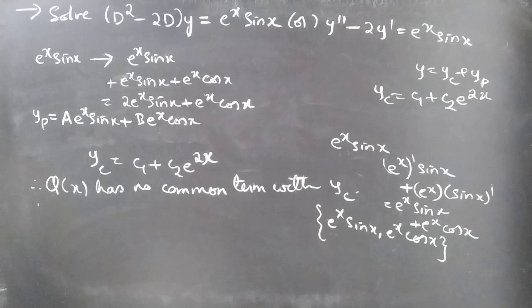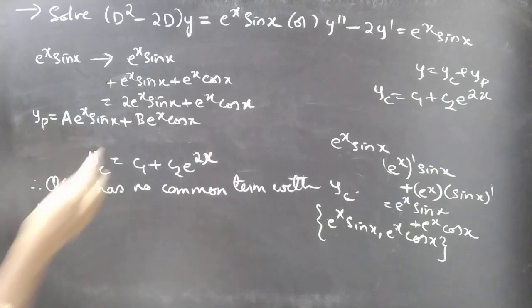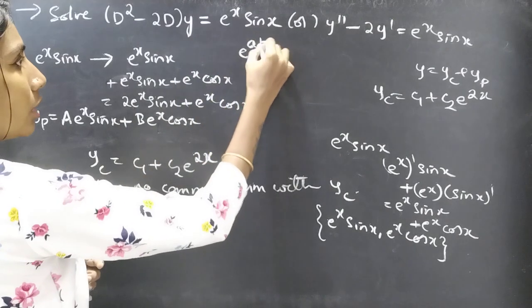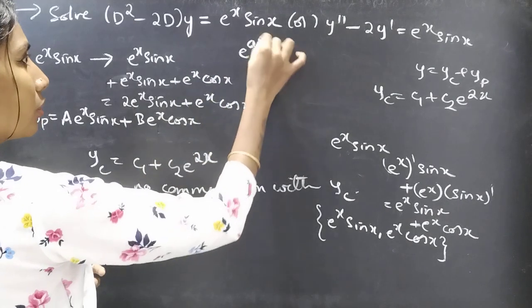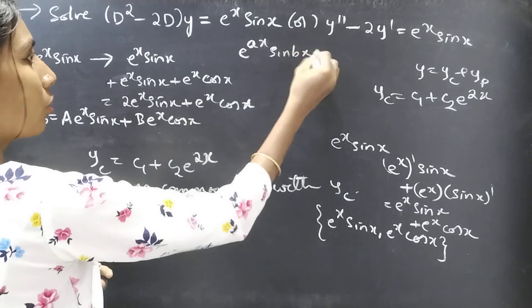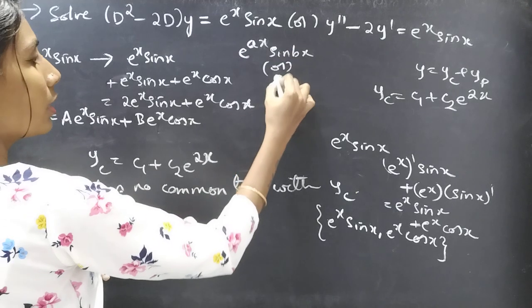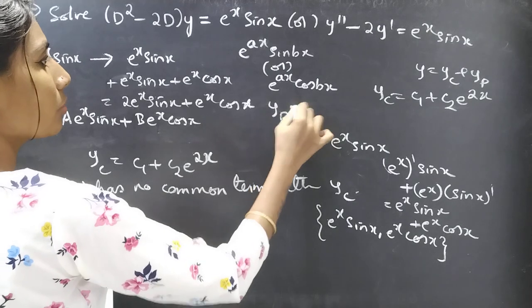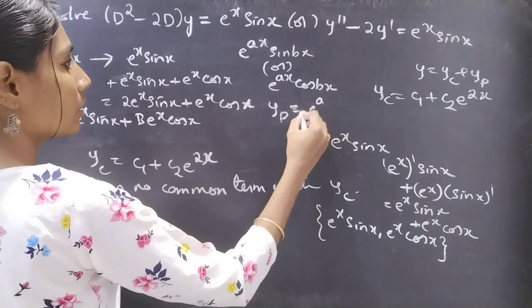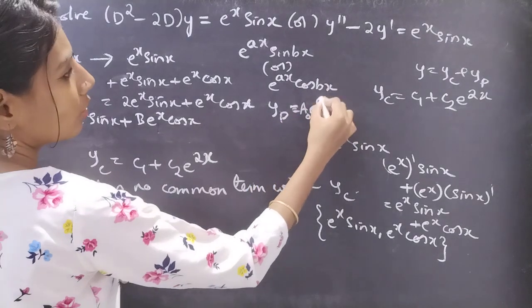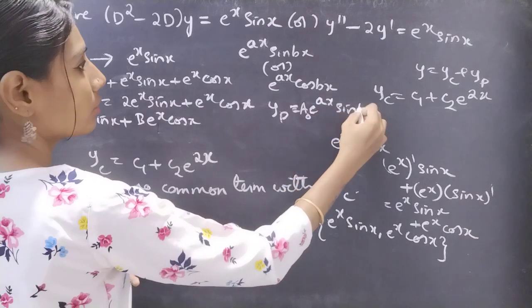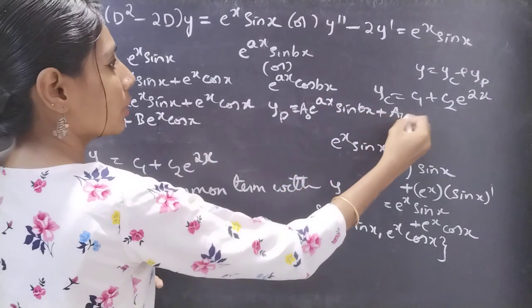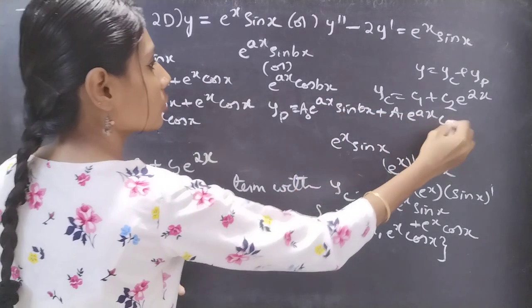Okay, easy, right? So it is not necessary to blindly remember the formula. See, if you have any e power ax sin bx or e power ax cos bx, then yp must be a naught e power ax sin bx plus a1 e power ax cos bx.